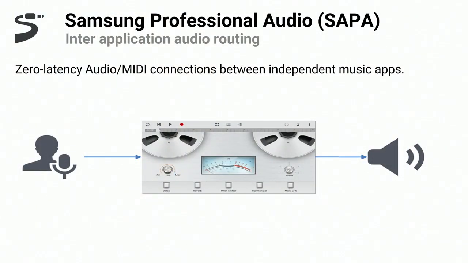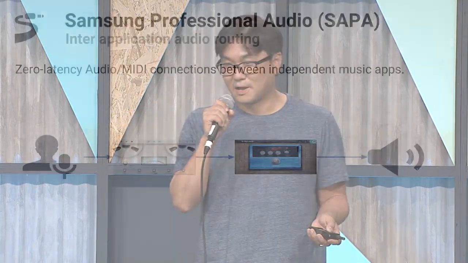Let's look at more details about the inter-application audio routing. So here is an audio application you made, and you want to add some effects to the sound. Then you have to build every effect into the same application. Or using SAPA, you can connect your app to other effects apps.